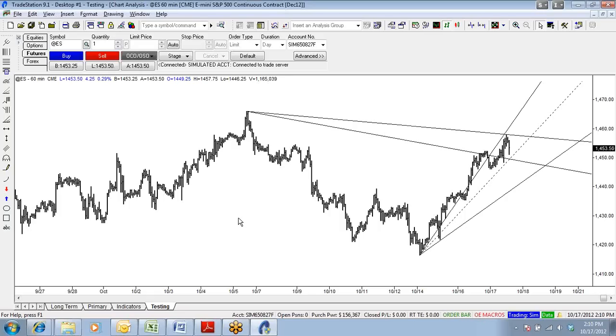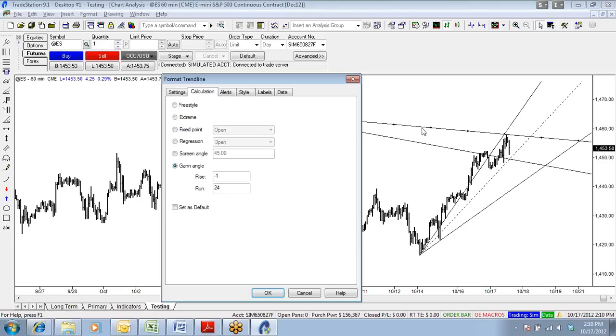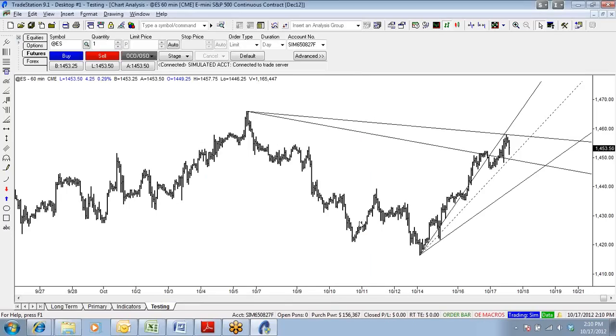Because of the truncated session. When you do it this way, the one good thing I like about TradeStation is that because I'm not putting in an actual date and time, it doesn't matter whether this was on a truncated session or not, because this slope, -1 by 24, is the same, right? It just measures the slope based on the rise and the run. So I kind of like that. I don't really have to worry about whether it's a weekend or not.